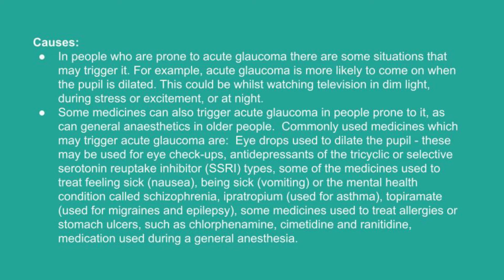There are other types of medicines like anti-nausea medicines, the ones that keep people from vomiting, those that are used to treat mental health conditions such as schizophrenia, others used for asthma. One that we're cautious in using is called topiramate, that's used for migraine and epilepsy. And some medicines used to treat allergies or stomach ulcers. So there's some examples there.